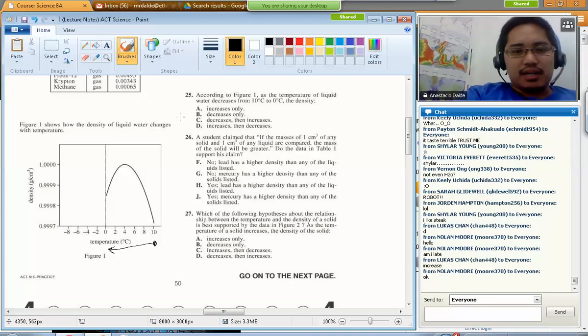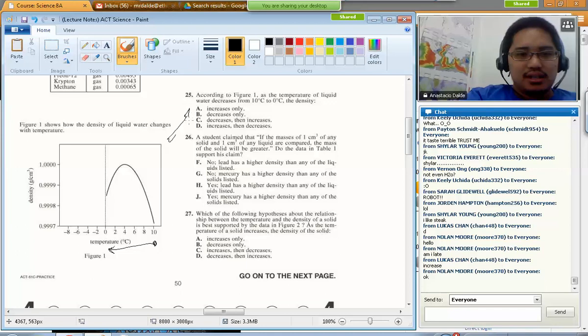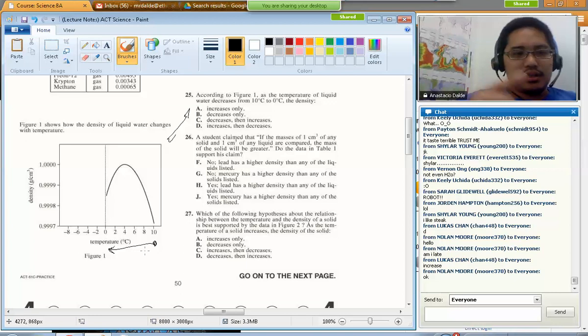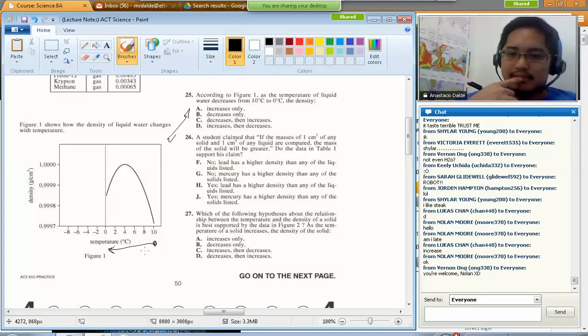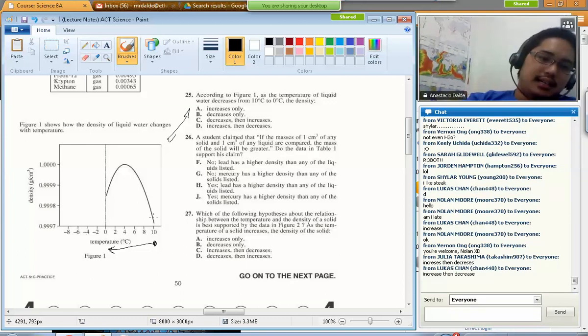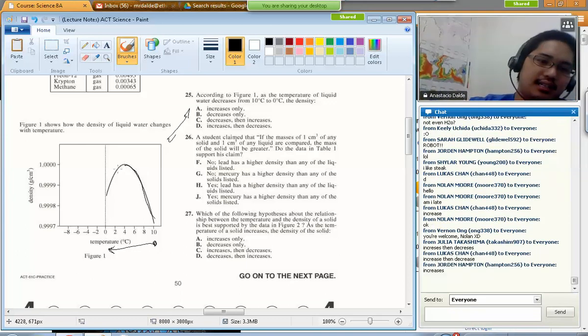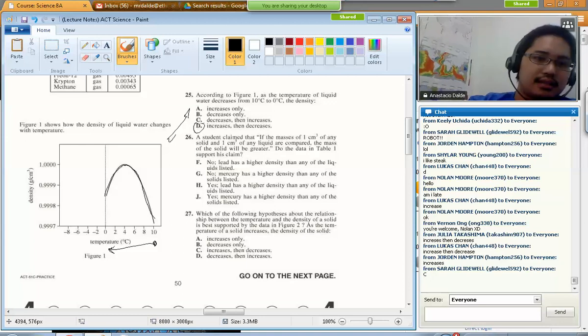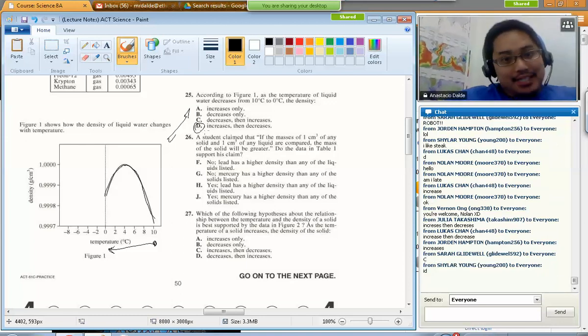Number 25. As the temperature decreases, the density does what? It increases, and then it decreases. There we go. Increases, then decreases. Option D. That's it.